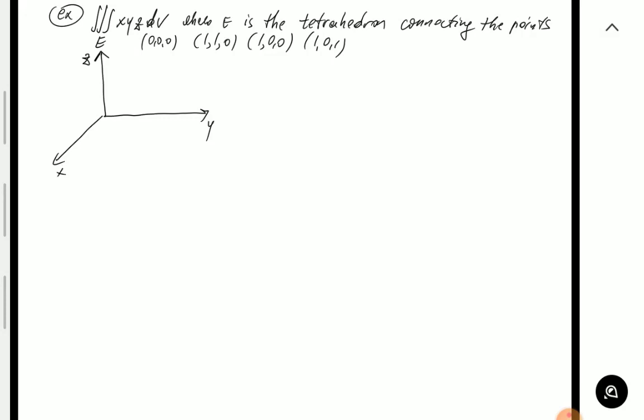Okay, so our example, let's find the triple integral of xyz. In this case, to save some time, we're probably just going to set it up. We'll see.